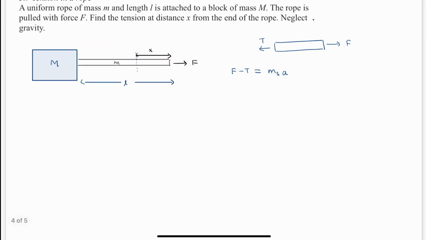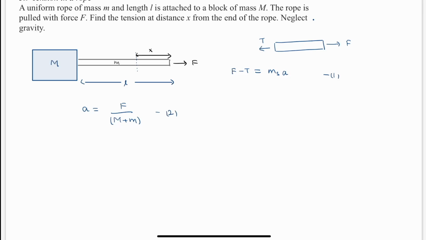So my a would be, for the whole system, F divided by capital M plus small m. All right, let's give these equation numbers 1 and 2.